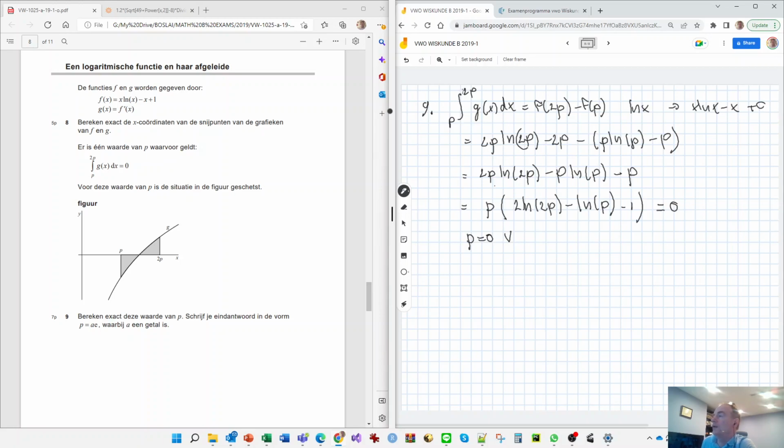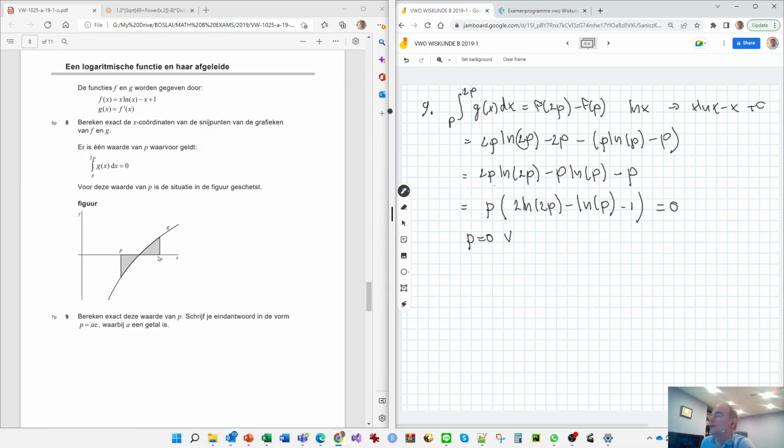And what I can do here is realize that 2 log 2p is the log of 2p squared. I want to combine this in one logarithm. Was I correct here too? Yeah.